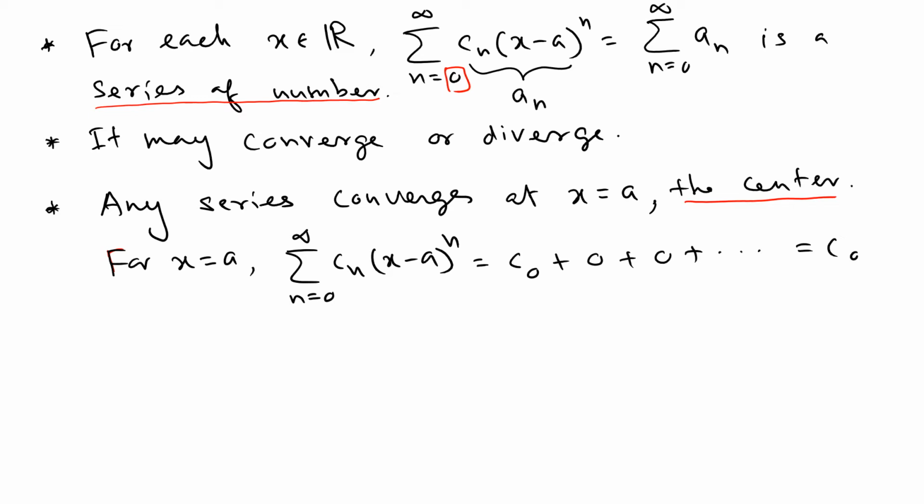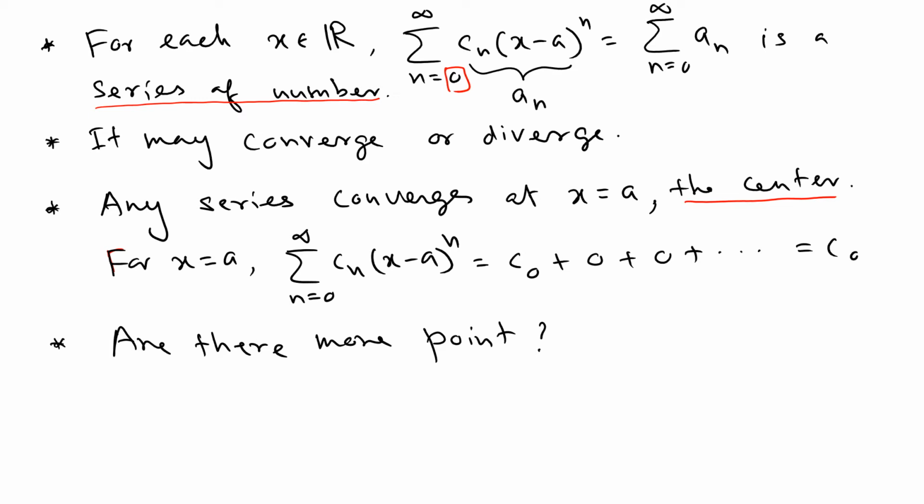Now the question, and that's a very important question, is whether there are more points. We know that there's at least 1 point, so are there more points? Then we have this important theorem.